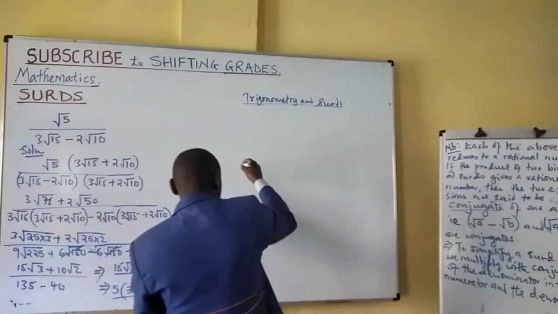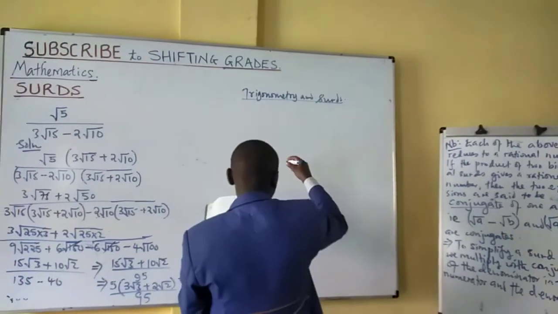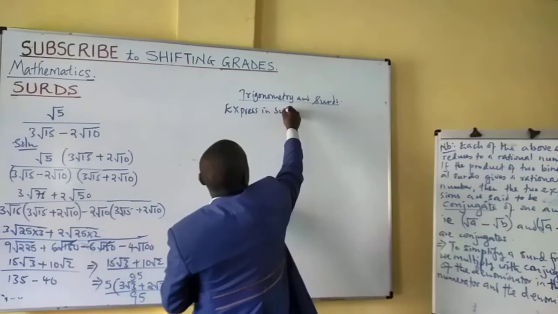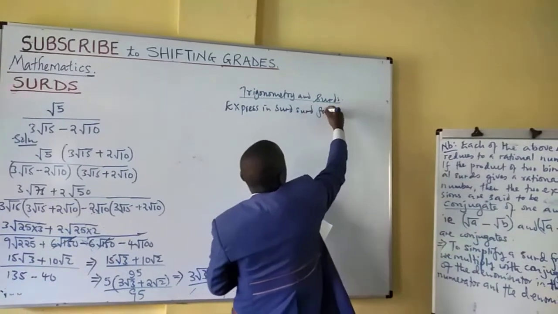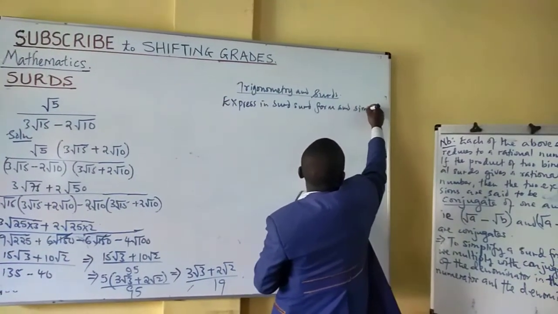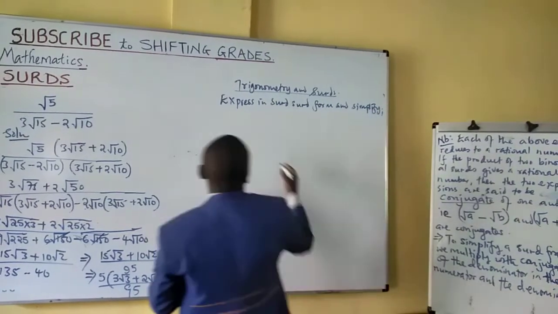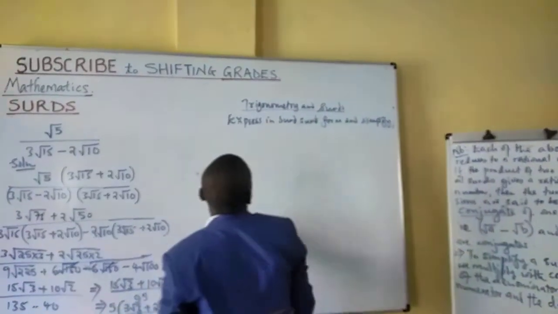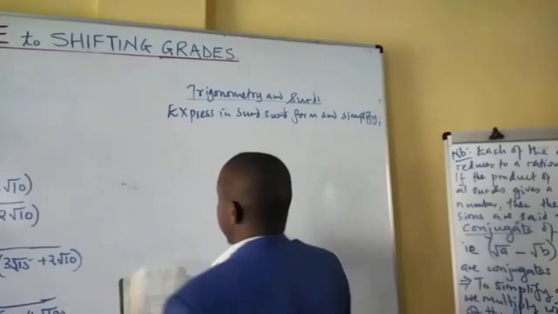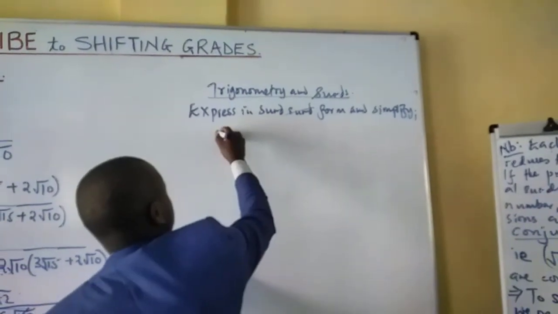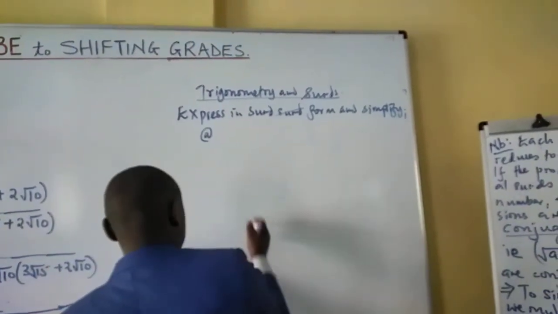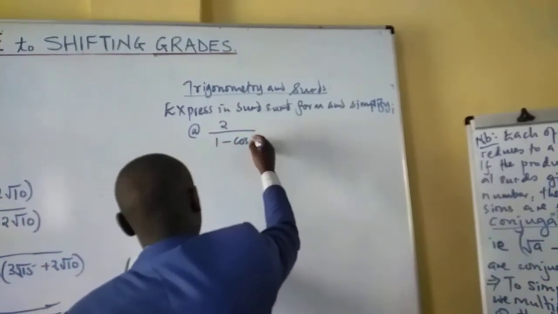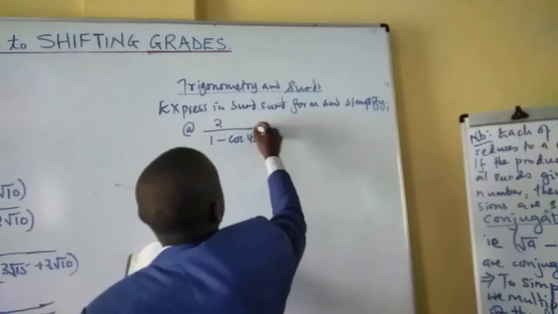For example, you are told to express in SURD form and simplify. Express in SURD form, and then you simplify as usual. Therefore, I will show you how to express in SURD form, then simplifying, we have seen it by rationalizing the denominator. So the question can be 2 divided by 1 minus cosine of 45 degrees.